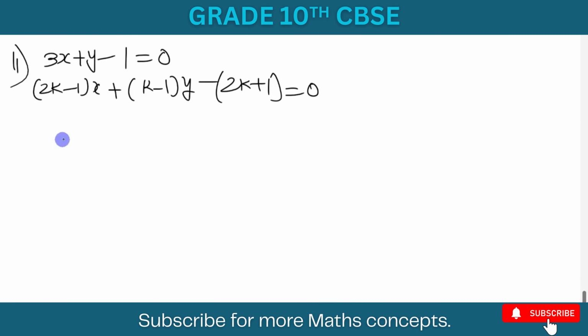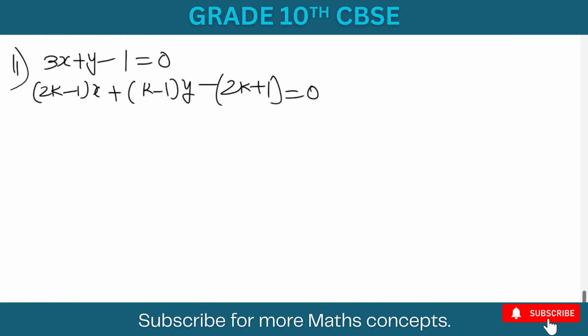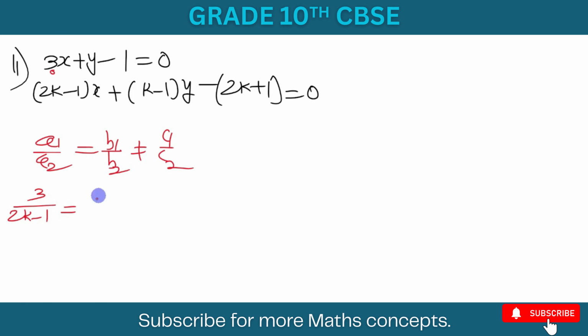Now what is the condition of no solution? So no solution condition is a1 upon a2 is equal to b1 upon b2 is not equal to c1 upon c2. Okay, what is a1? So coefficient of x is 3, a2 is 2k minus 1, b1 is 1, b2 is k minus 1, not equal to c1, which is negative 1, and c2 is negative of 2k plus 1.